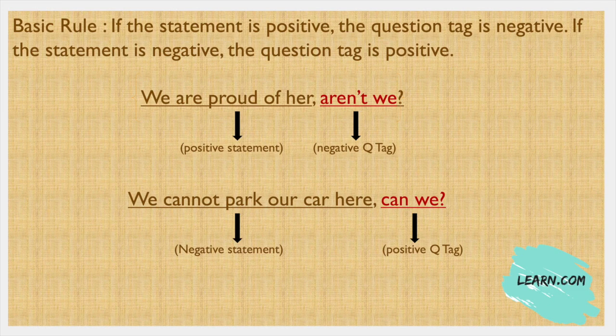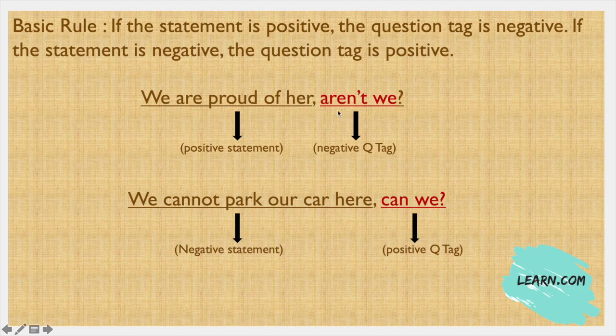So the first thing which we have to do is to identify whether the given statement is positive or negative, because depending on that we have to form the question tag. As you can see, the positive statement has a negative question tag, and the negative statement has a positive question tag. Here not is added in the tag, so it is negative. You can notice that in the statement no negative word is used.